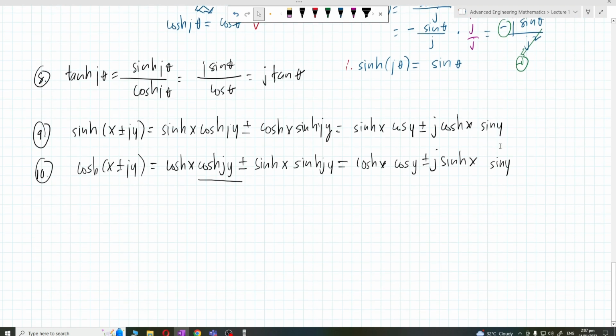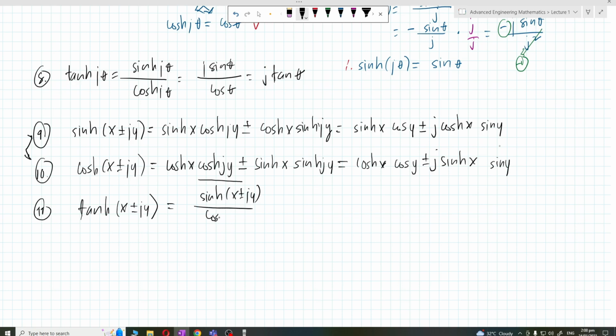Okay guys. So, pag alam nyo guys yung number 9 at number 10, makukuha nyo yung number 11. Yung ano naman, yung tangent of x plus minus jy. Pero guys, siyempre may ibang method naman. Pwede nyo gawin yung babalik ka kay sine hyperbolic of x plus minus jy over the cosine hyperbolic of x plus minus jy.